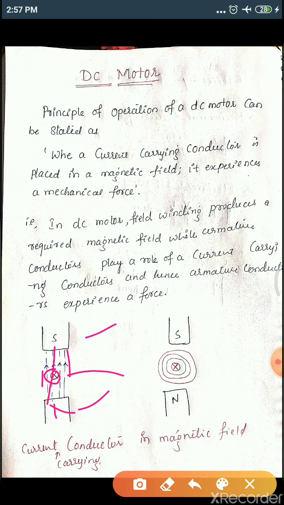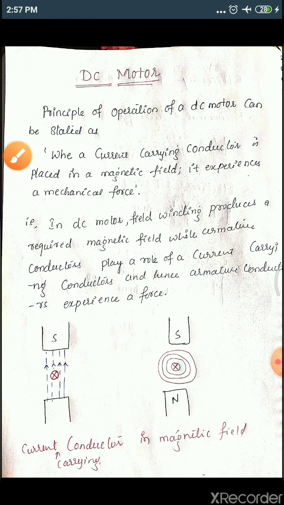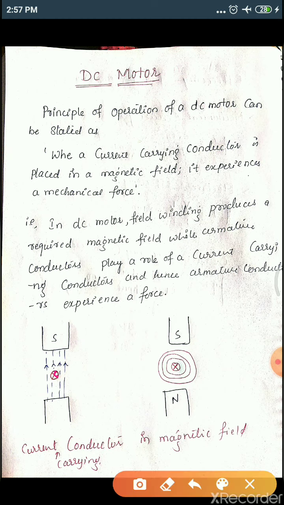Now we can say we have two fluxes present. One flux is produced by the permanent magnets, and another is produced by the conductor.